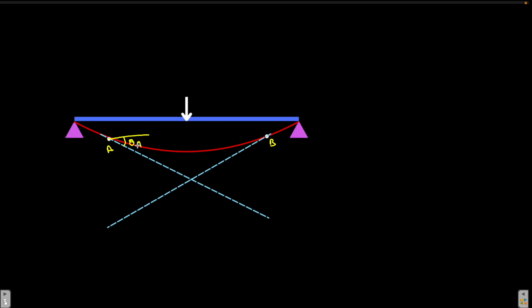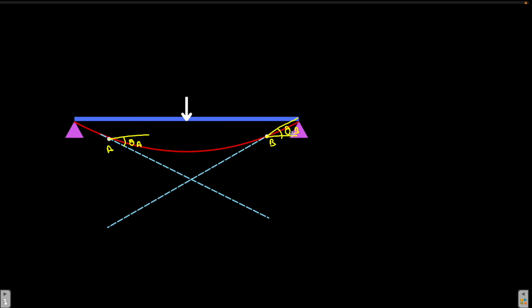Now, the slope of the beam at point B with respect to horizontal is theta B. But in this theorem, we are not going to calculate either theta A or theta B.